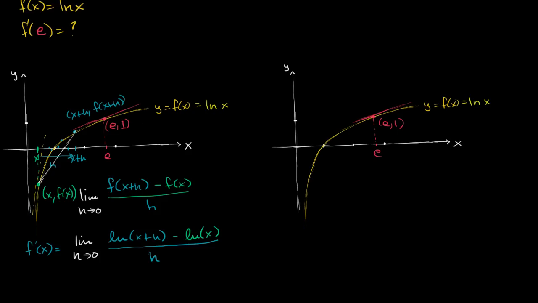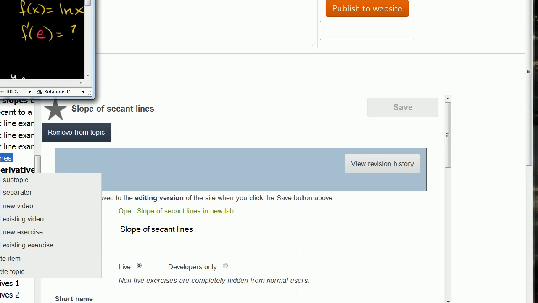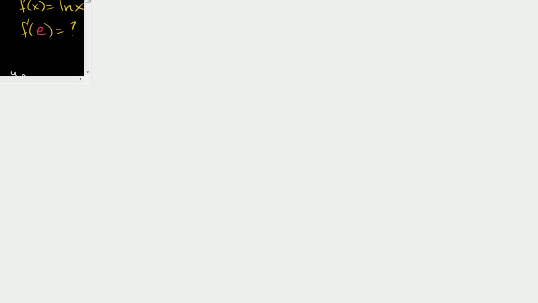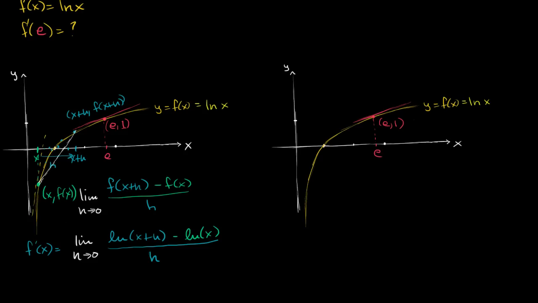So we could write f prime of e is equal to the limit as h approaches 0 of the natural log of e plus h, minus the natural log of e, all of that over h.